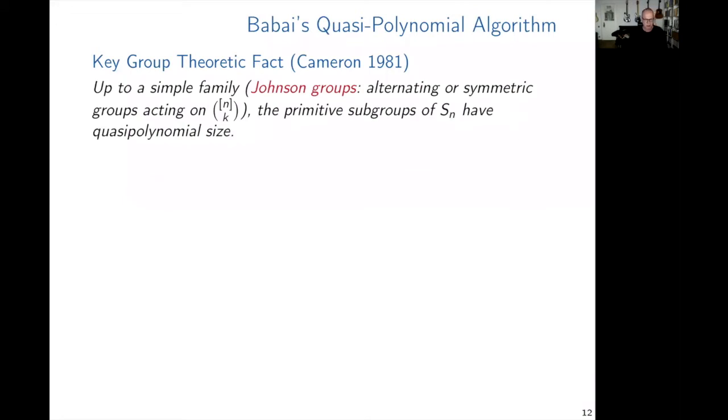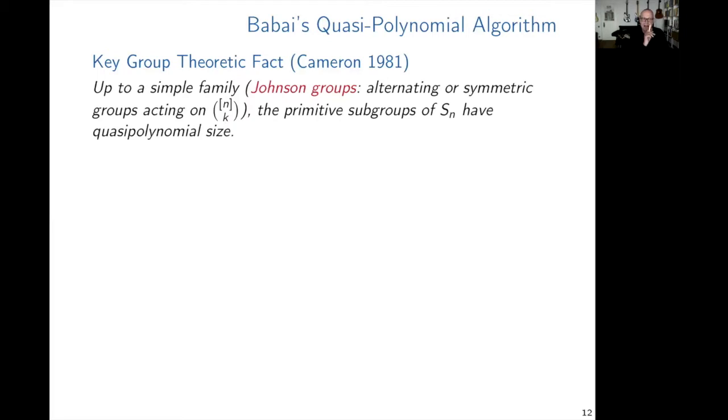And a key group theoretic fact that he uses, and that also to some extent explains the quasi-polynomial running time. And this fact says that up to a simple family, of so-called Johnson groups, which are alternating or symmetric groups acting on the k-element subsets of a set, up to this family, the primitive subgroups of the symmetric group have quasi-polynomial size in n.